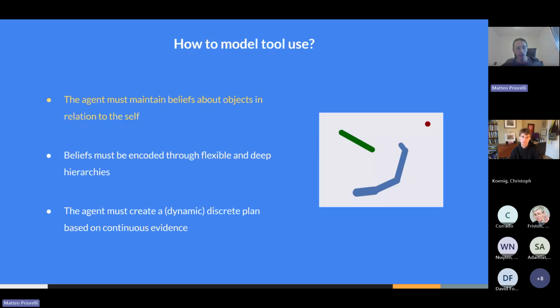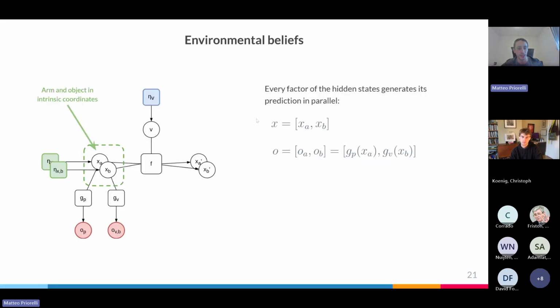So about the first one, instead of encoding the target position in the hidden causes, we use a factorization of the hidden states based on the different objects in the environment in intrinsic coordinates. So we will have the first component which generates proprioceptive predictions and is related to the actual body configuration. And then we have different components which generate visual observations of the objects.